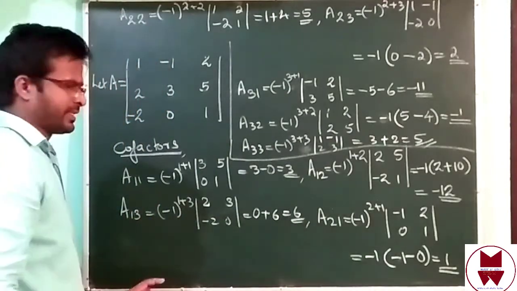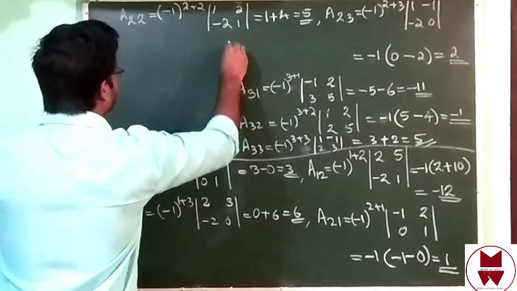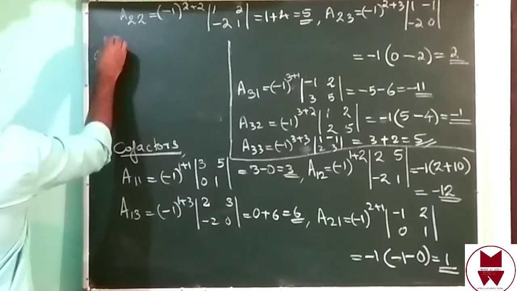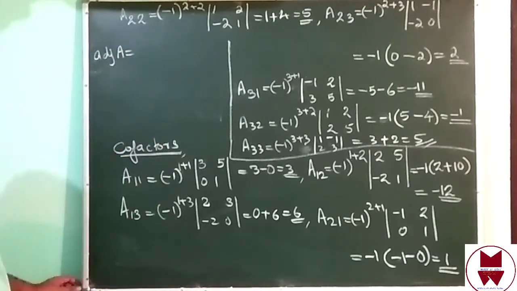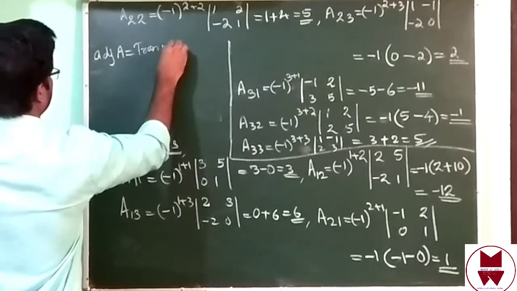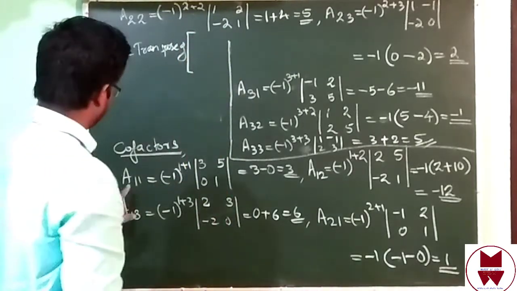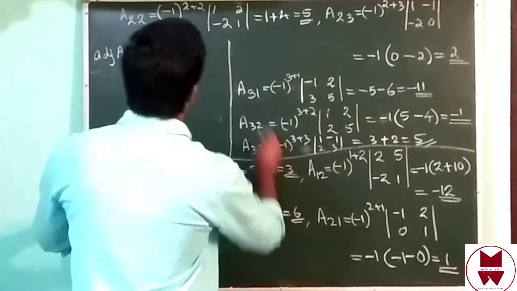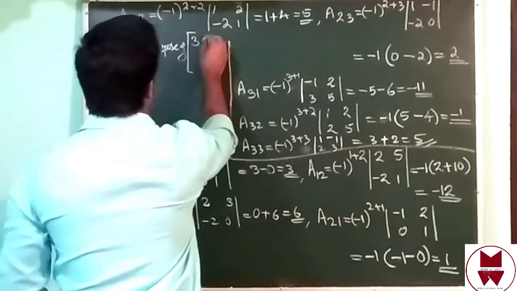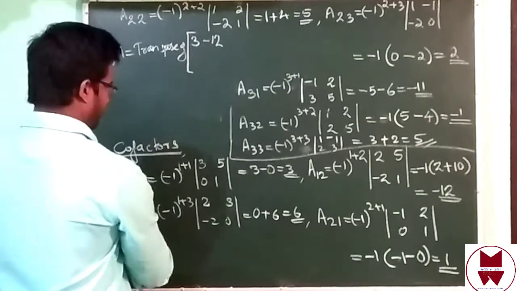Now all the cofactors we got. Now we can write the adjoint. Adjoint A. What is adjoint A? Transpose of the matrix. First A11 we got 3, isn't it? A12 we got minus 12. Then A13, 6.